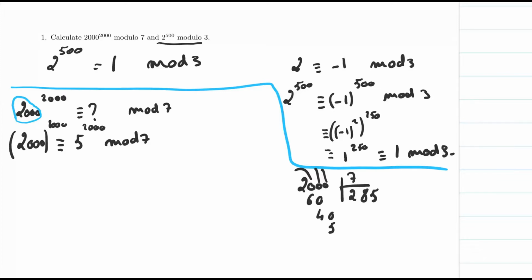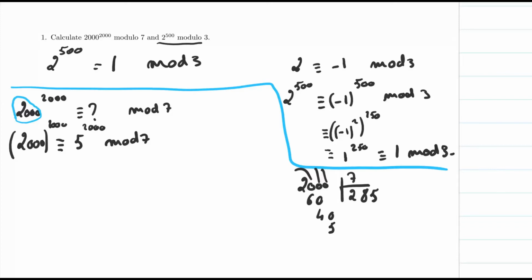So what could I do? Here the trick is the following. Calculate the first powers of 5 modulo 7, like 5, 5 squared, 5 to the power 3, etc., until you reach 1. Which is the first power of 5 which is congruent to 1 modulo 7? Think about it a little bit.